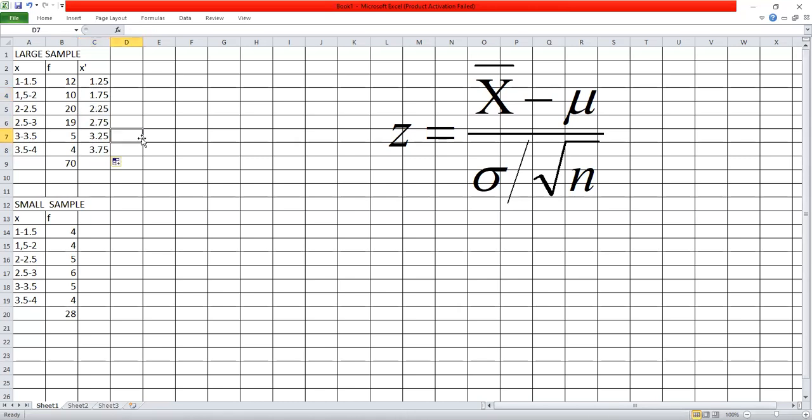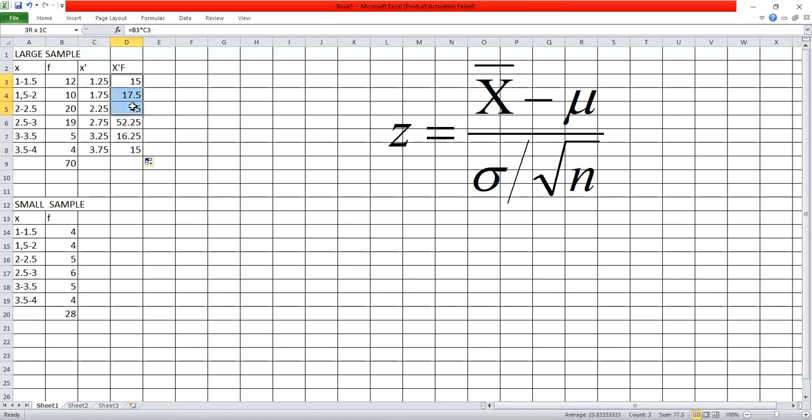Those are the midpoints. I'm doing this so that I get X bar, then subsequently sigma. Then I get X cap times F. In this case, it is this times this, for the first one all the way for all of these.